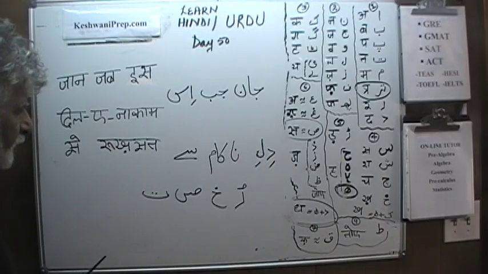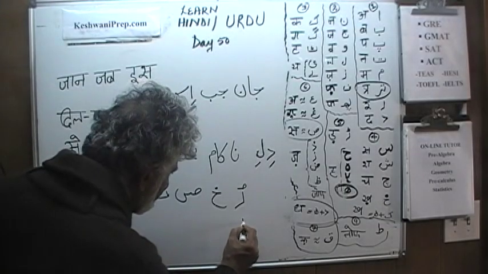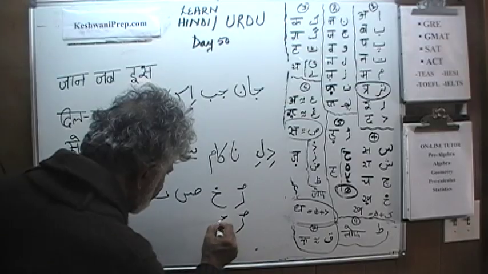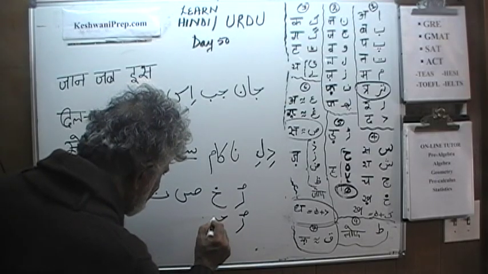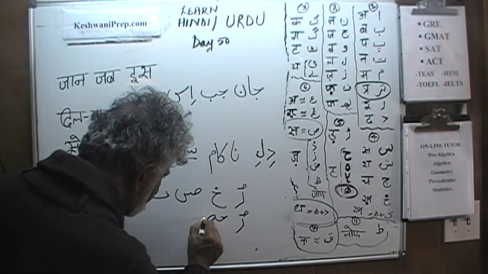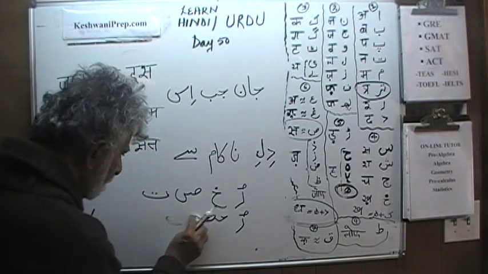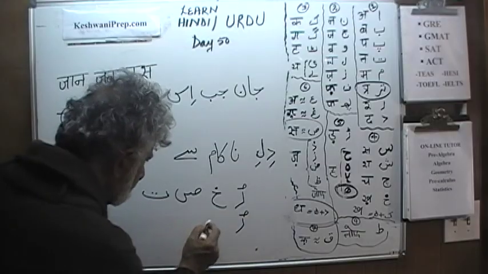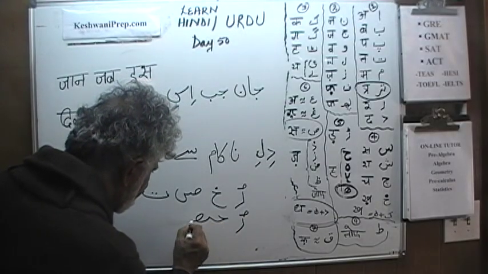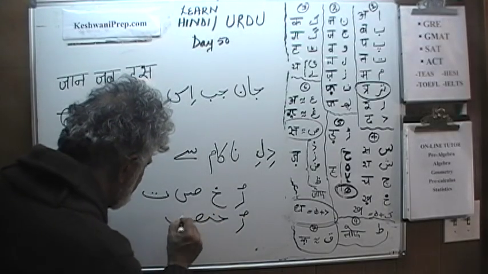Let's put it together. Ruksat. So, ru is just going to stay ru. Kha takes this shape. And then swad, it's going to continue. This is how we make swad. We need one more loop to combine with the ta. Oh no, we don't need one more. Kha, sa, and ta.